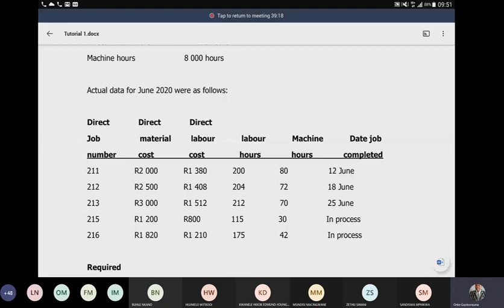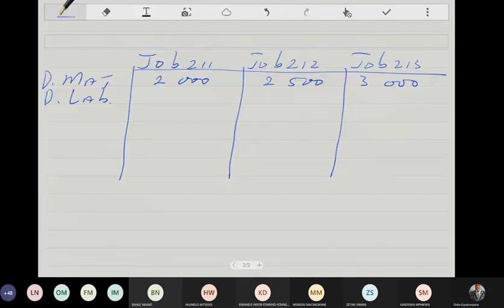So those are the costs that we have. Then the last one will be your manufacturing overheads.